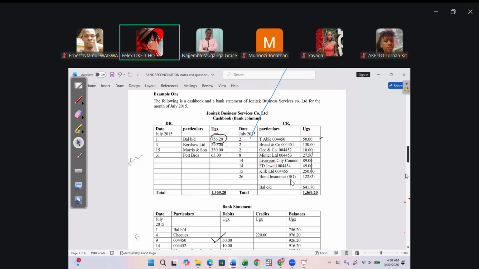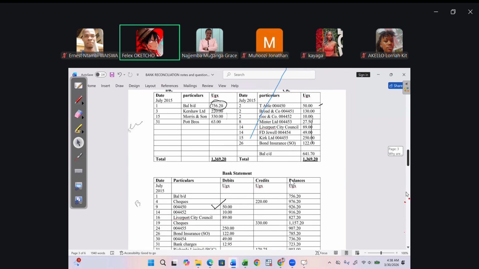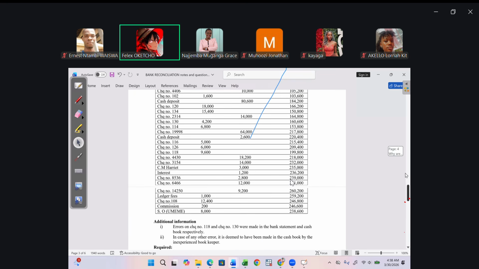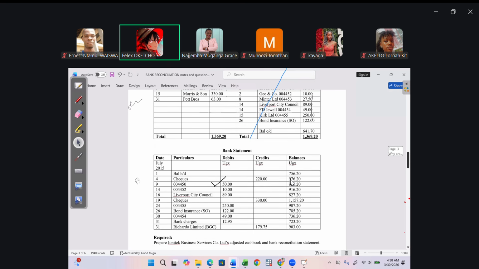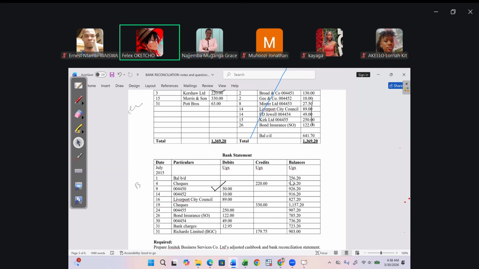To the one of overcast, in an income statement, how do we put it as an expense or what? Because I saw a question that was having overcast, something like that. Yeah, we are going to see how to correct all those errors. With an overcast, if an error was committed in the bank, it's corrected in the bank statement.